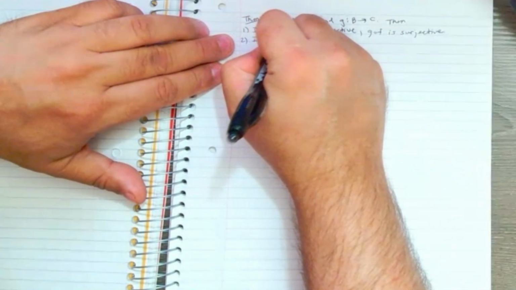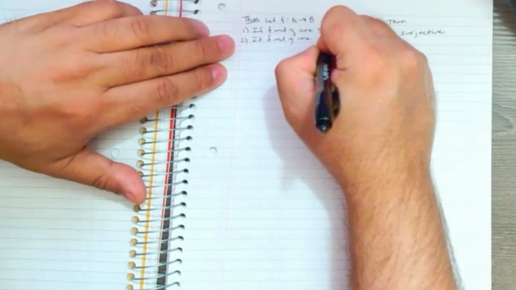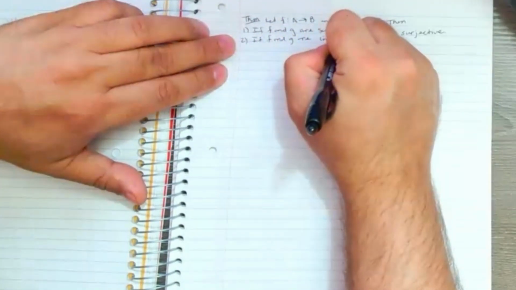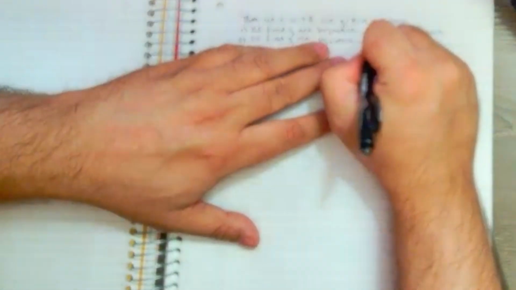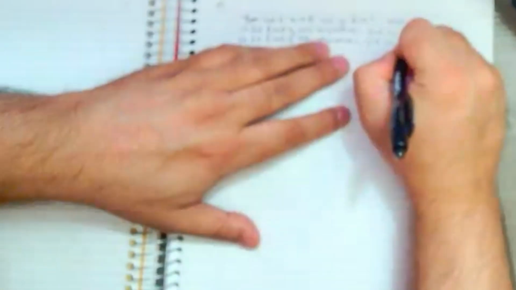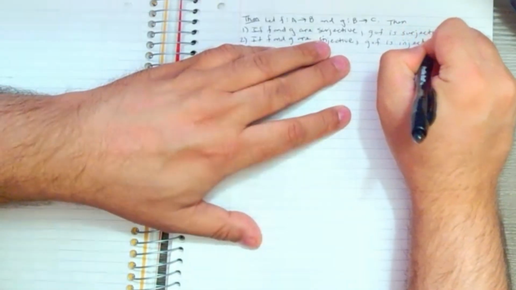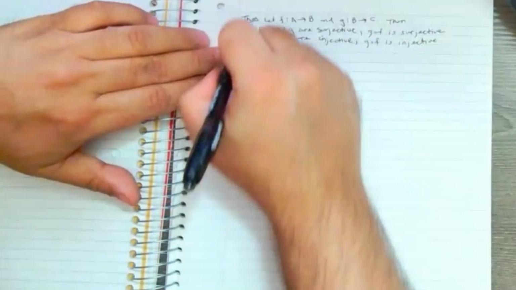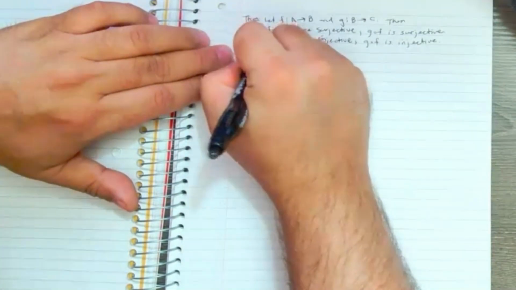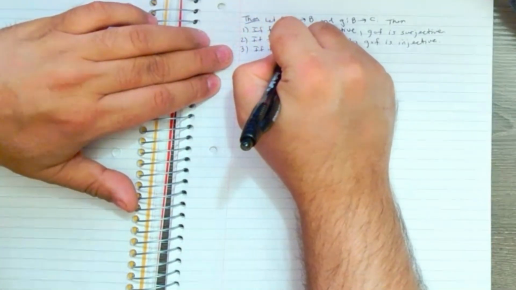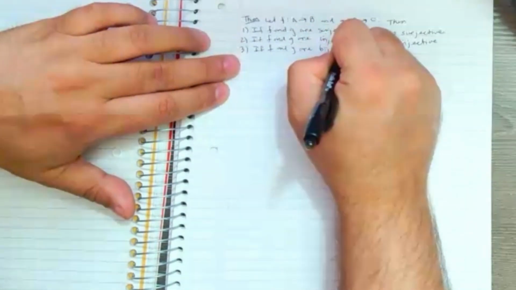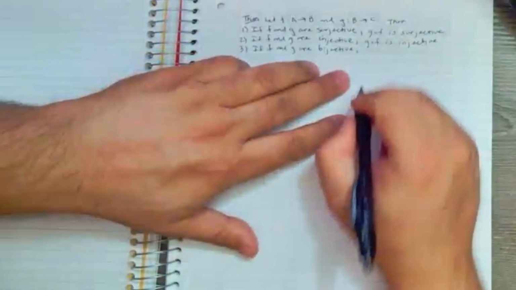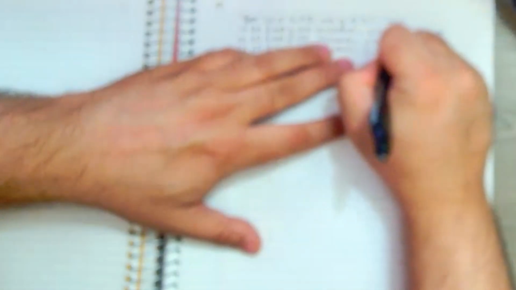If the functions f and g are both injective, then the composition is injective. And if the functions f and g are bijective, then the composition is bijective.